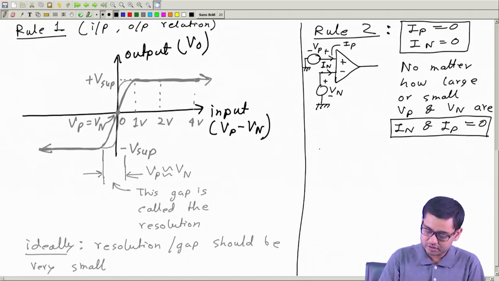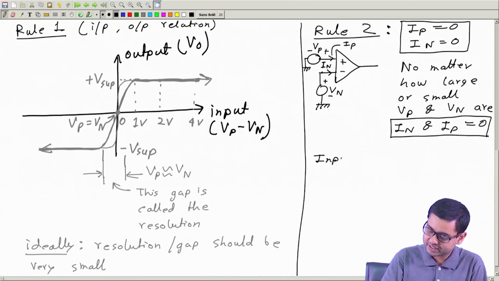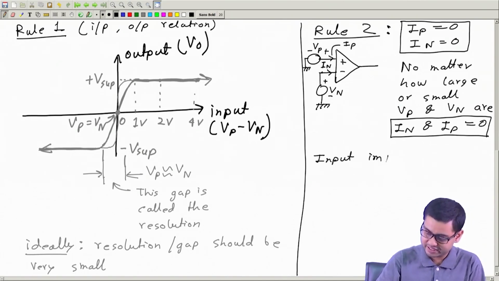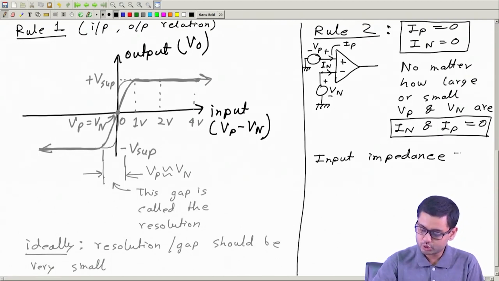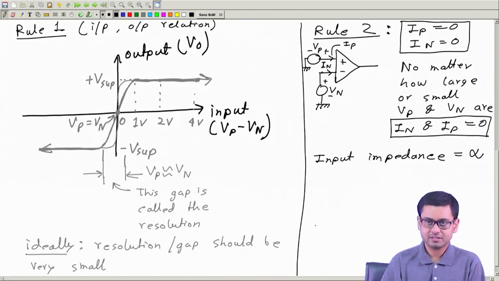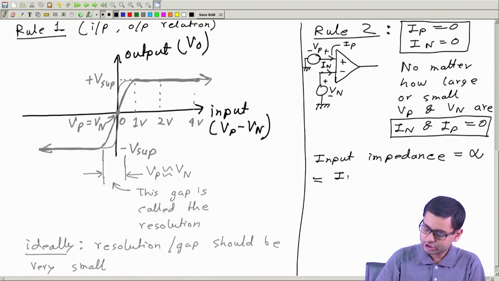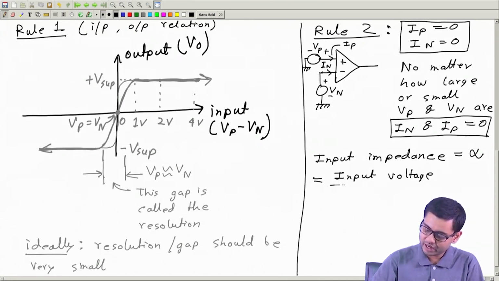We also say that the input impedance or resistance of the op amp is equal to infinite. What is input impedance? Input impedance is the ratio of input voltage by input current.